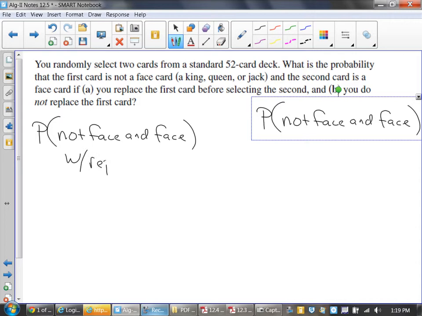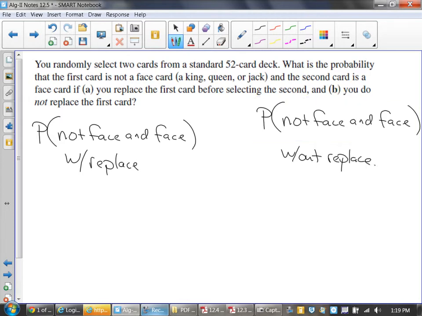With replacement and without. See if you can figure that out real quick. Not a face card, and then a face card. And you go both ways with it. With replacement or without replacement.